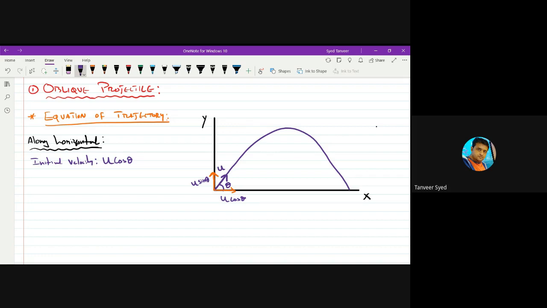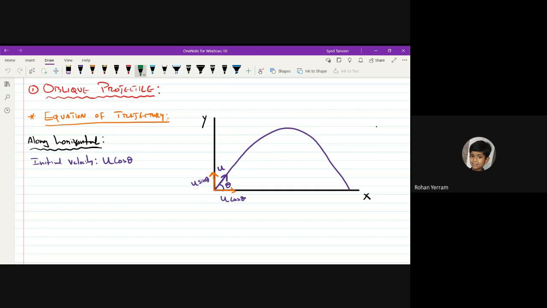Now this u cos theta, while the projectile is traveling, it travels for certain time in the air. So with time, does this u cos theta change or remains constant? Changes, sir. Who is responsible for changing u cos theta?